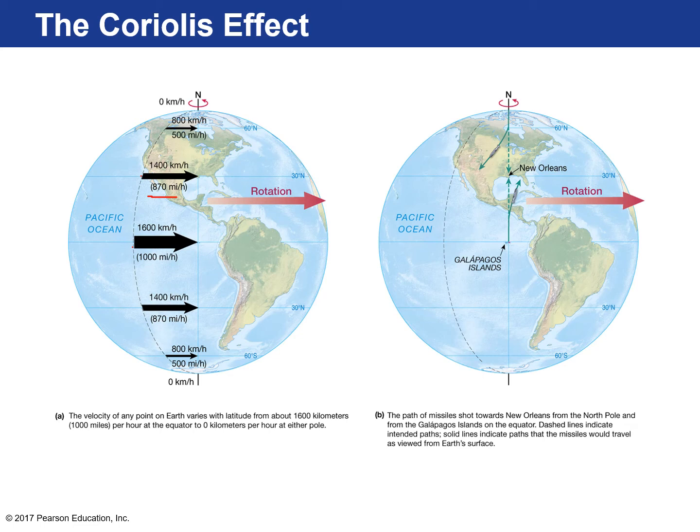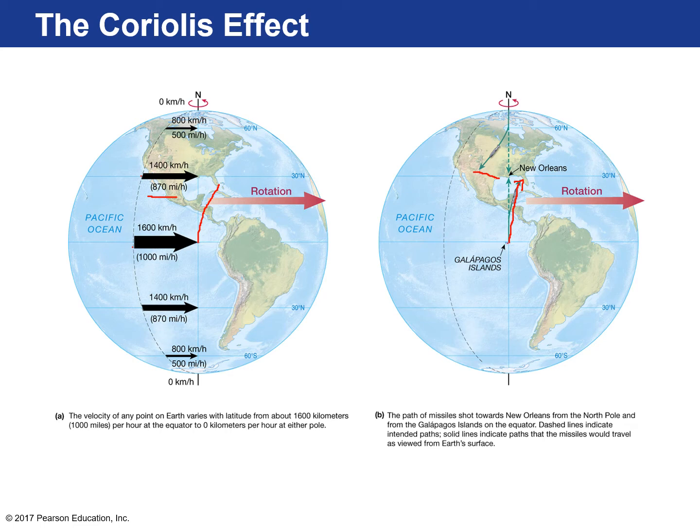Because they're moving at a faster angular velocity than New Orleans, in the northern hemisphere, it'll appear like the missile's deflected to the right because it's being shot from an area that's rotating faster than New Orleans is at this latitude.